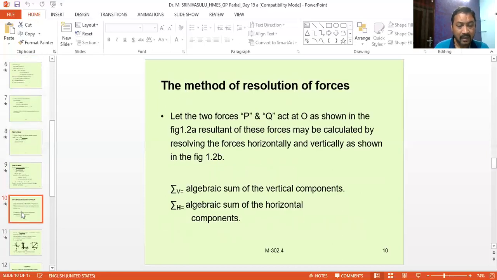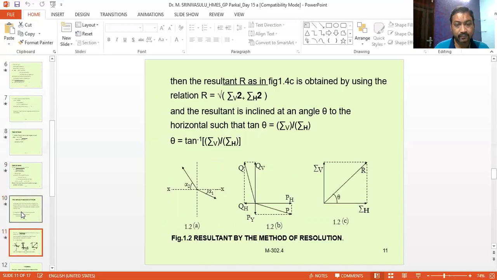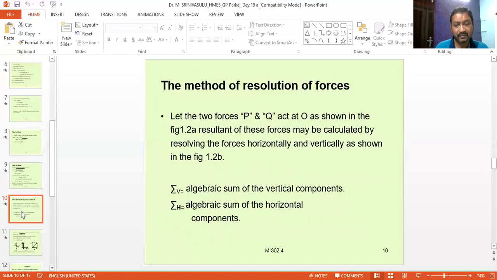Now, in the other way also we can find out. That is about using the parallelogram law of forces. In some cases, more than two forces may act. When more than two forces are acting, the parallelogram law will not be helpful and it will not be applicable.